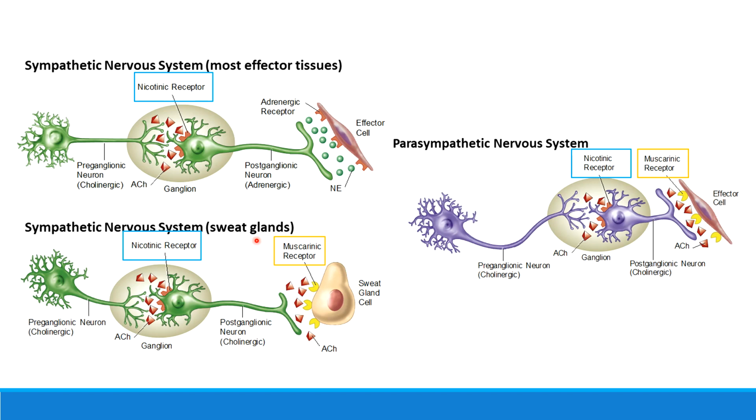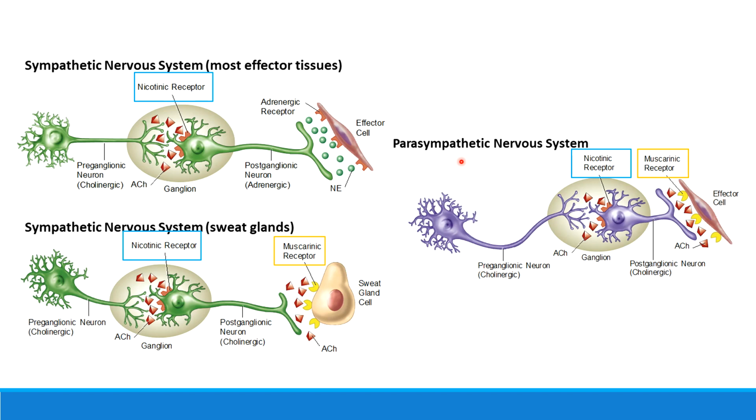When fight or flight is talking to sweat glands, we are again using acetylcholine, and that acetylcholine is attaching to those same muscarinic receptors, the metabotropic ones that are able to do excitatory or inhibitory effects. So this special case, the sympathetic division talking to sweat glands, everything looks exactly the same as the way that the parasympathetic nervous system works.